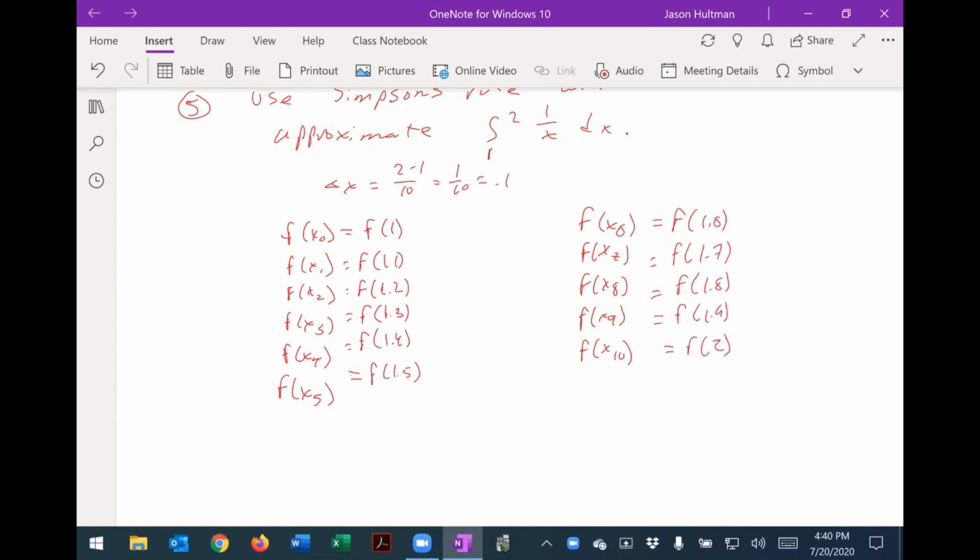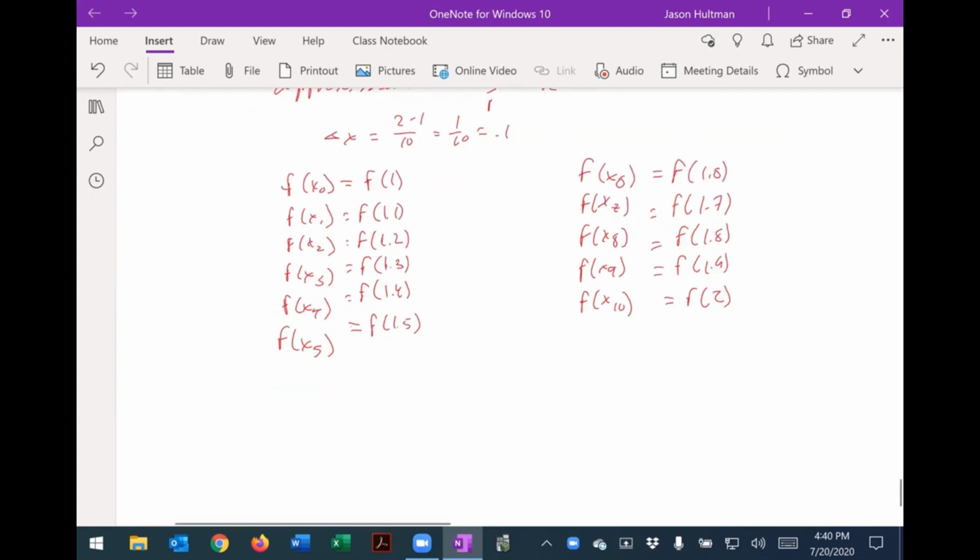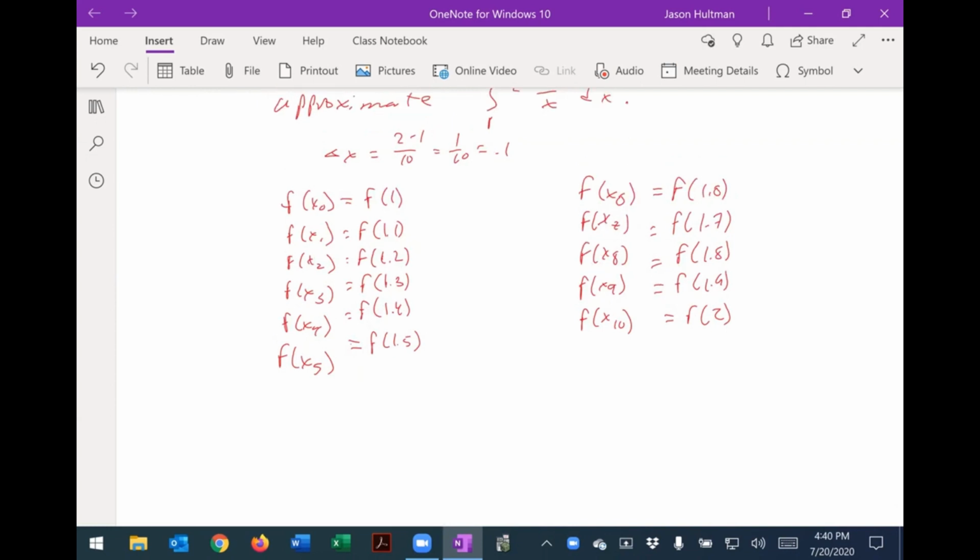So now n is an even amount, and so we get an odd amount of values here, which is what we want. So we can use our Simpson's rule.